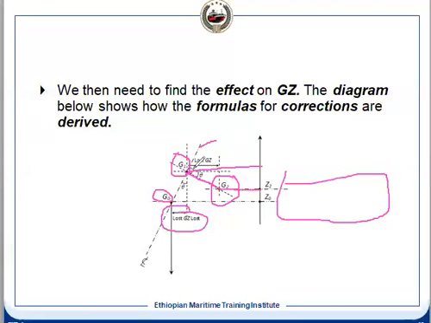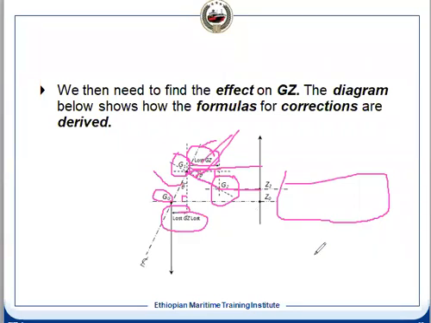So we have to calculate this loss for the transverse shift, and this is the loss for the vertical shift, and this is also theta. So we can calculate this distance. This distance will be G1G2 cos theta, because this is 90 degrees and here this is 90 degrees. Is it clear, all of you?